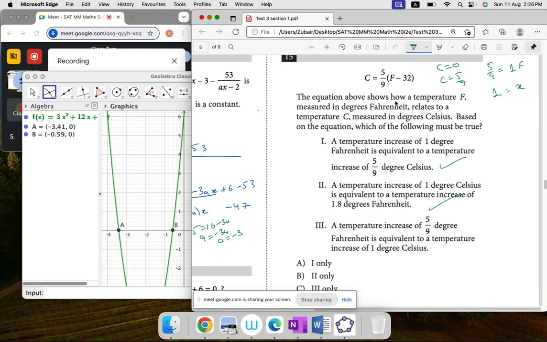So first 32, then 32 plus 5 by 9 minus 32. I think third is a no. Will you check that? Give me a second, sir.